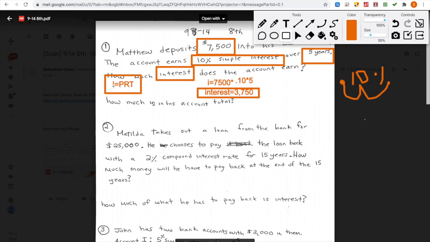Interest, in other words, is how much your account is going to increase, or how much the money goes up by. So we're starting with 7,500. It goes up by this much. So all we're going to do is add these two numbers, and we're going to get the total amount that we have in our account.